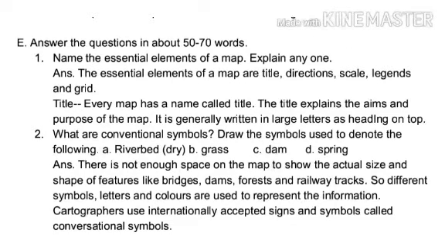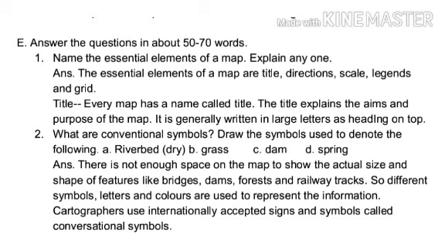Exercise A. Answer the questions in about 50 to 70 words. First, name the essential elements of a map. Explain any one. Answer: the essential elements of a map are title, directions, scale, legends, and grid.